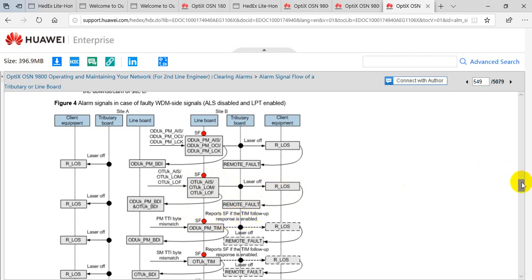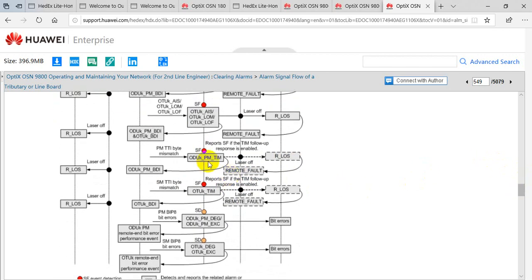In case of PM or SMTTI, if it is conditional, if it is a signal failure type, the action is the same. So in case of LPT, if we observe clearly, LPT will be enabled on both sides, meaning the laser will go off.